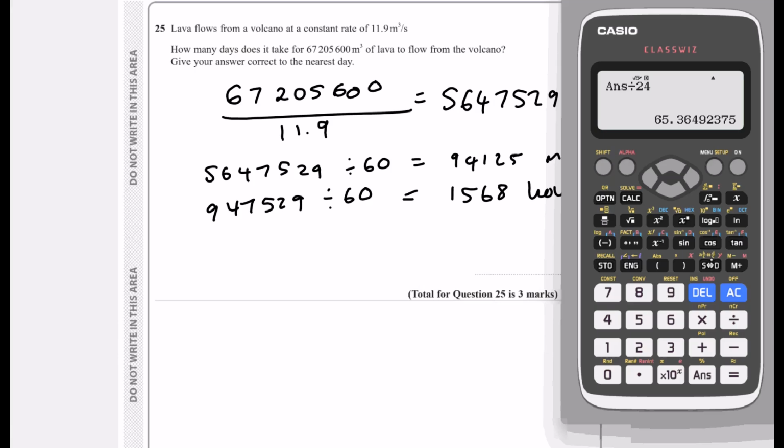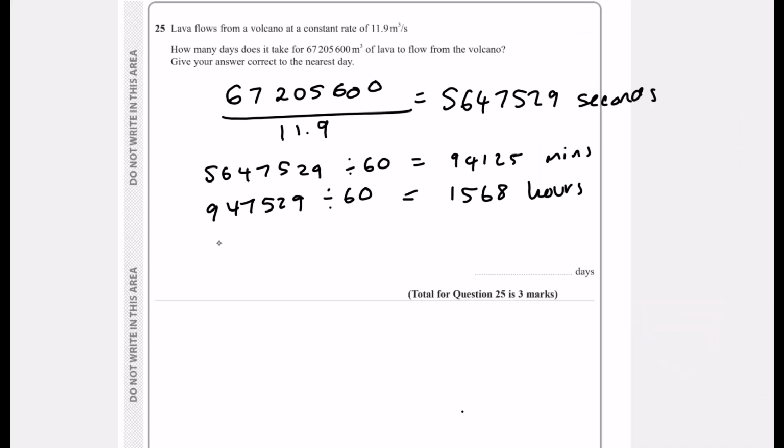So how many days is 1,568 hours? 65.3 days. So that is 65 days to the nearest day. So I wrote rounded numbers here, but be careful not to round too soon in your calculations. It's better to keep the whole number in the calculator.